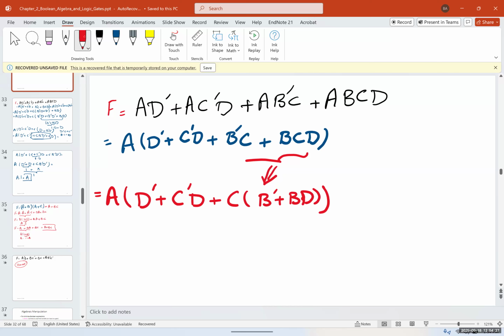Am I correct? Yes. Now, which one can I simplify further?